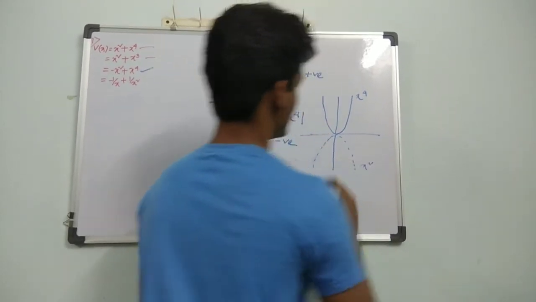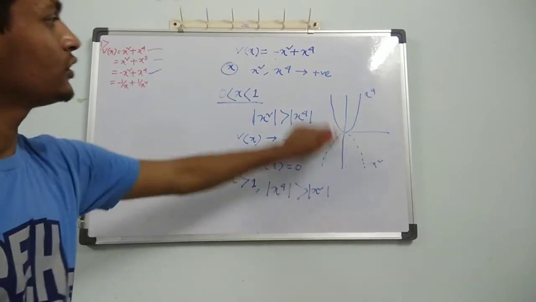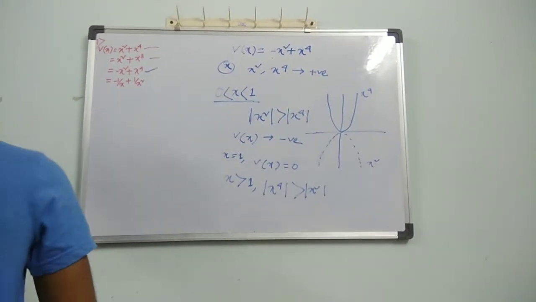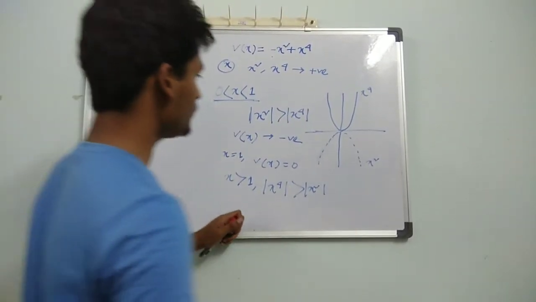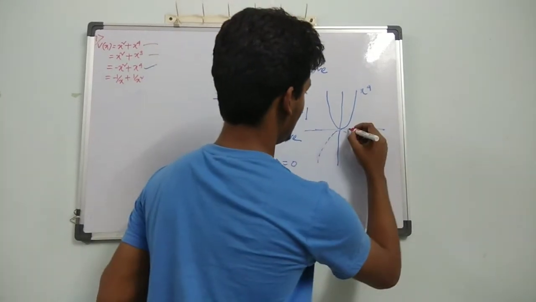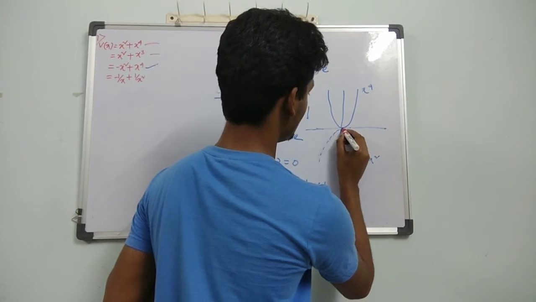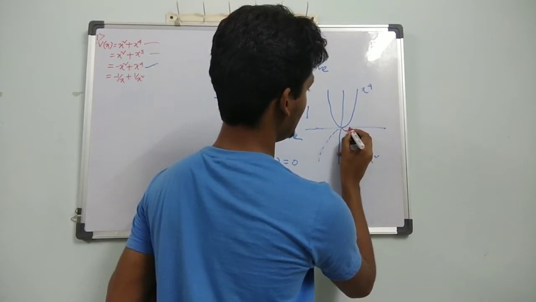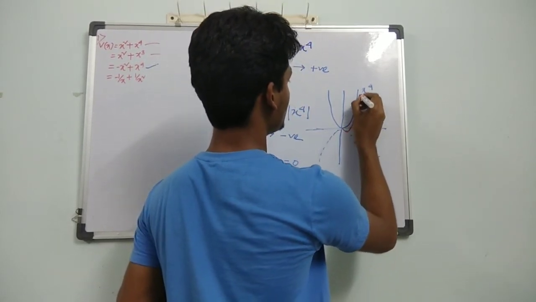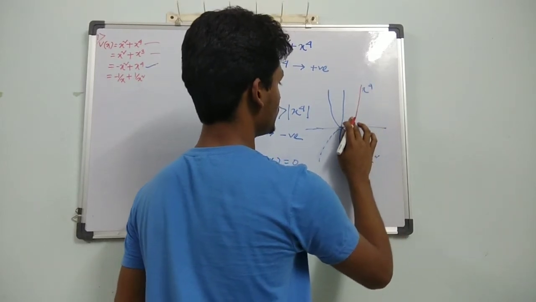This is my x square, and this is my x to the power 4. So what will be my final plot? This is 1. In this region, the plot is giving you a negative value, and after this it will be like the x to the power 4 plot.